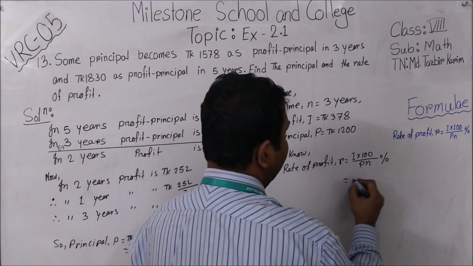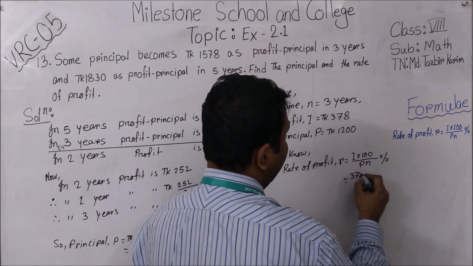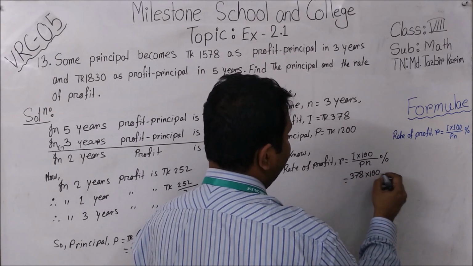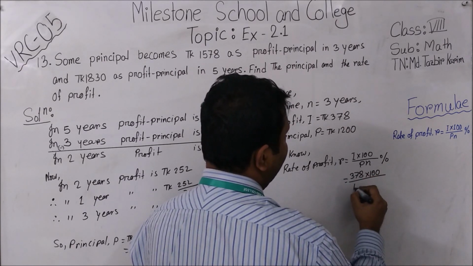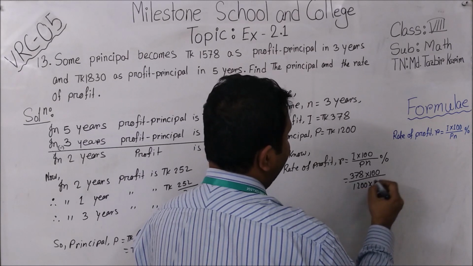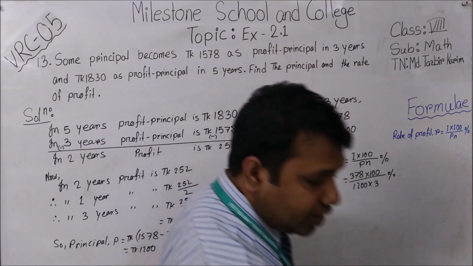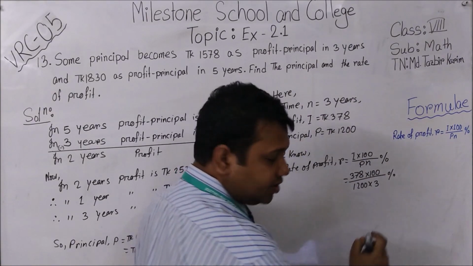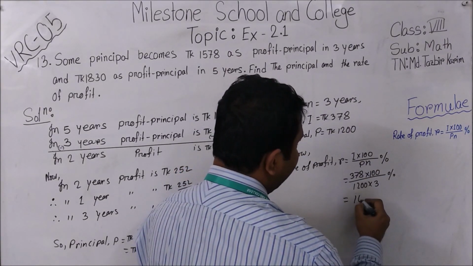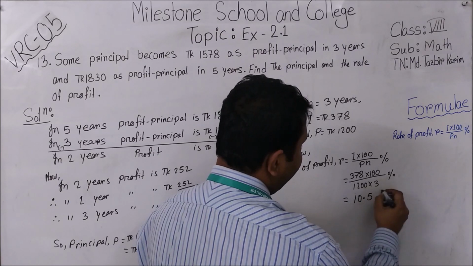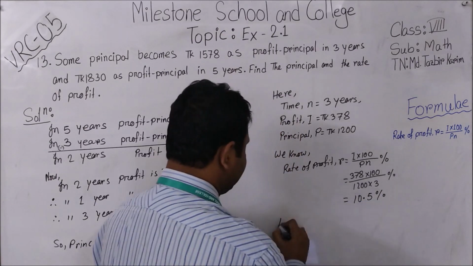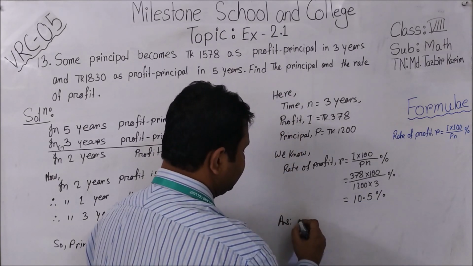If you put the values, 378 into 100 by P, that is 1200 into n equal to 3. If you use the calculator, you will get that equal to 10.5%.